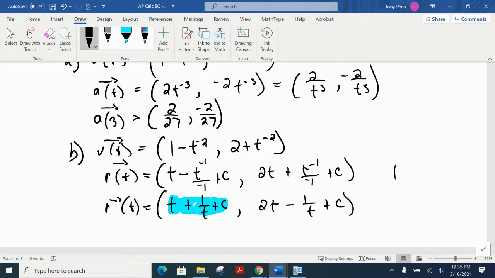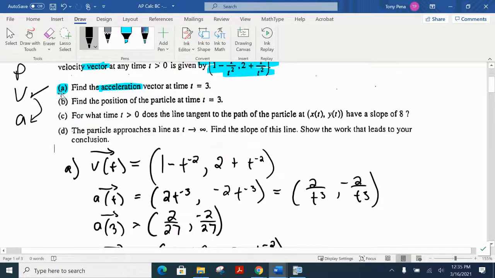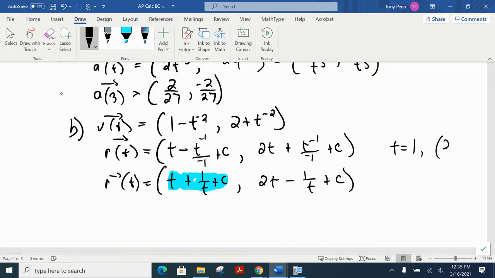Let me write over here what they gave us at the top. At the time of 1, our position was 2, 6. So this is what we're now using. If I say this is x of t, if I let my time be 1, I know my x position is 2.